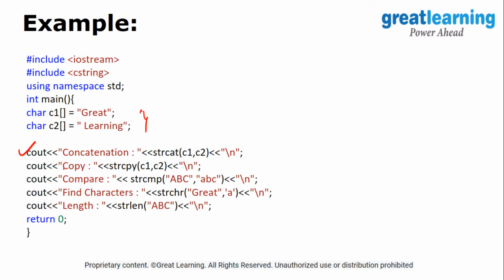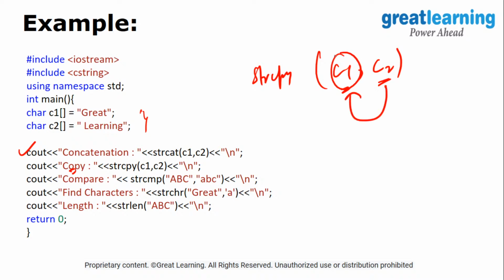Now what happens in strcpy? Here strcpy is used to copy the content of one string into another. So C1 is the new string and C2 is the string, and its content will be passed on to C1. So we are copying the content that is present in C2 and passing it on to C1. So what will be the answer here?